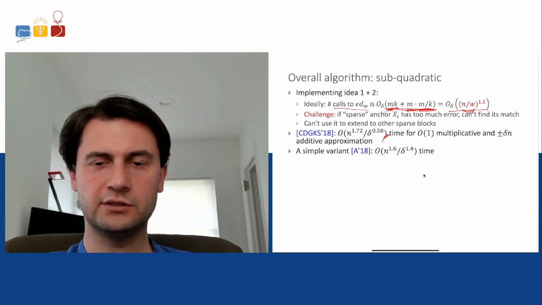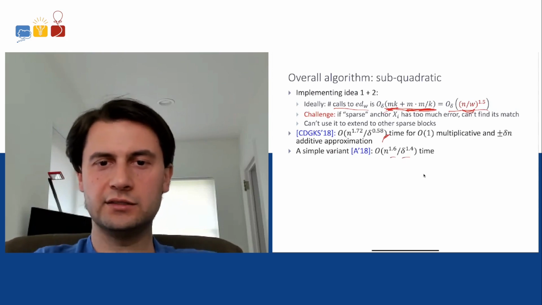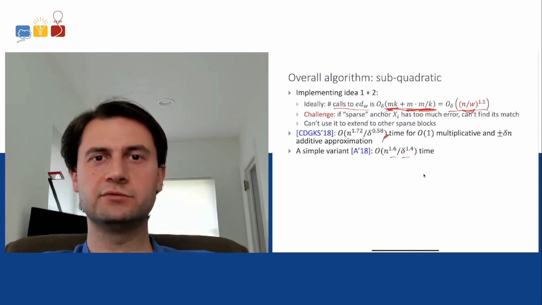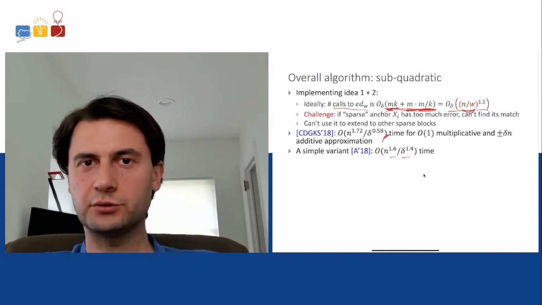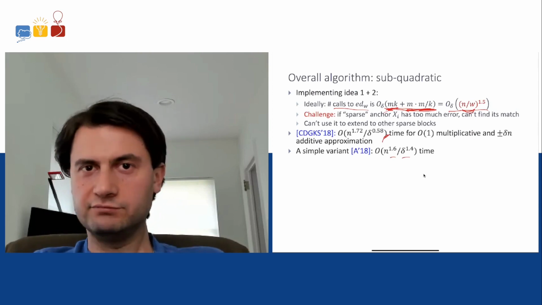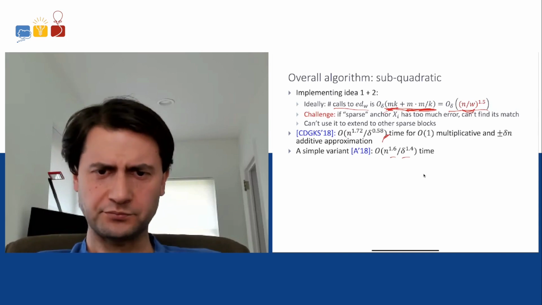The dependence on delta is worse, but on n it's a little better. More importantly, it is an algorithm that pretty much puts these ideas together, implementing idea 1 plus 2, as I described in the previous 2 slides.